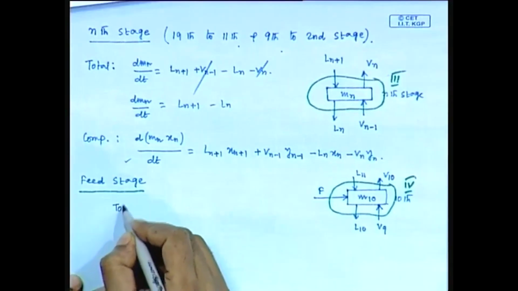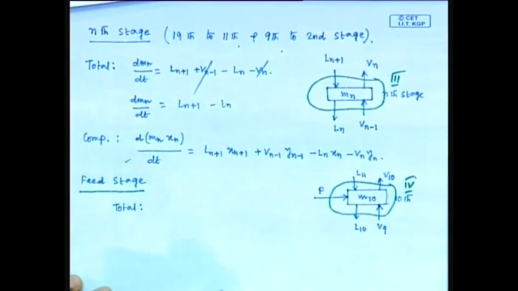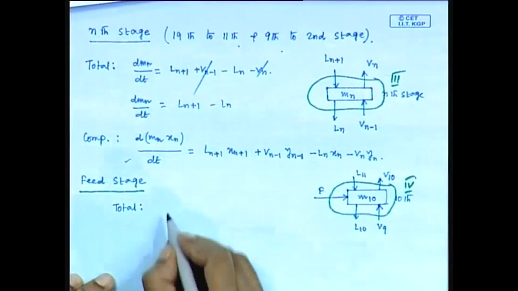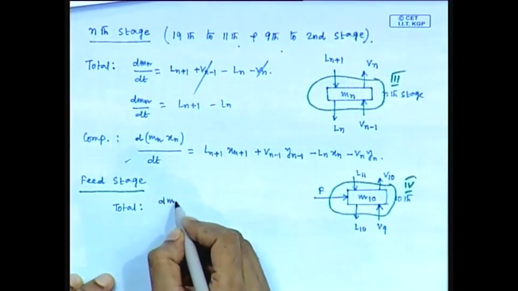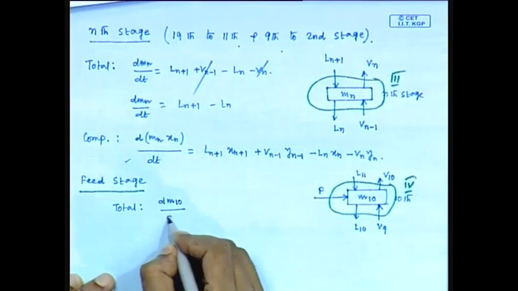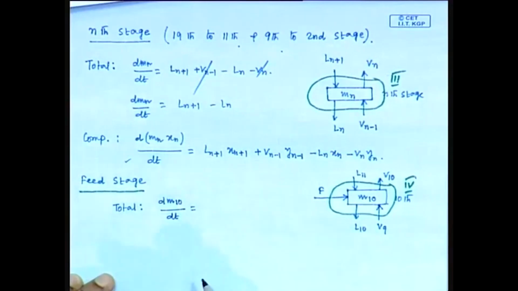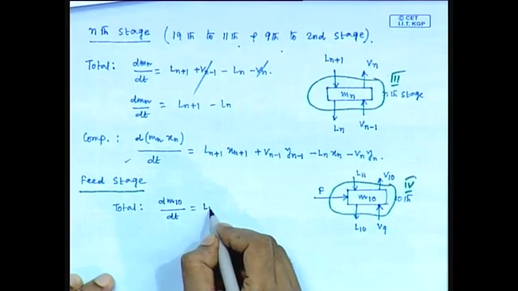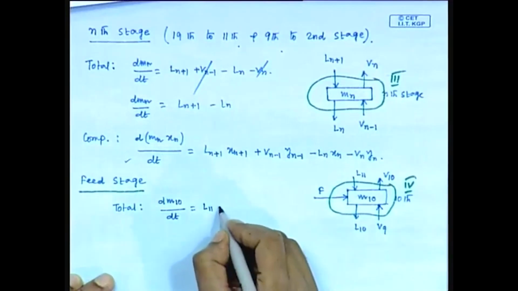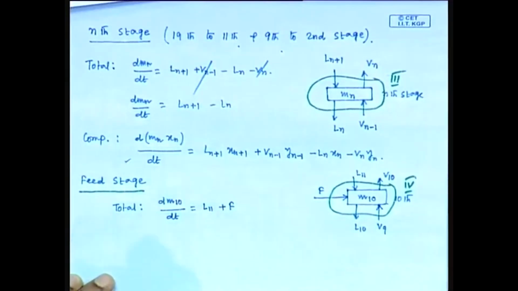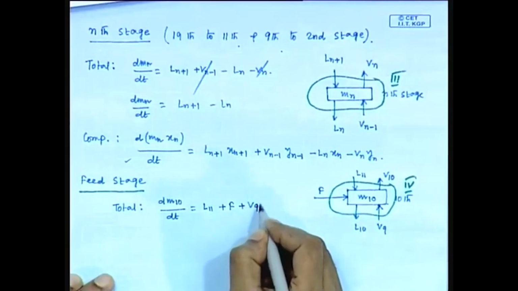So, what will be the total mass balance equation? Total mass balance equation will be dM10 dt equals L11 plus F plus V9.